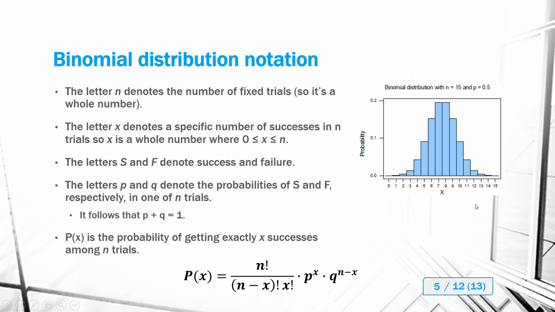But what's the probability that, say, 7 of the 15 trials are successful? Well, 7 is your x. Come up here, and we see it's about 20%. So this is a distribution showing you the probability that a certain part of a whole will actually result in success.